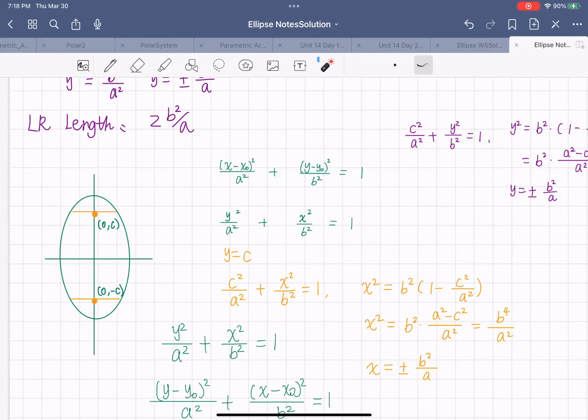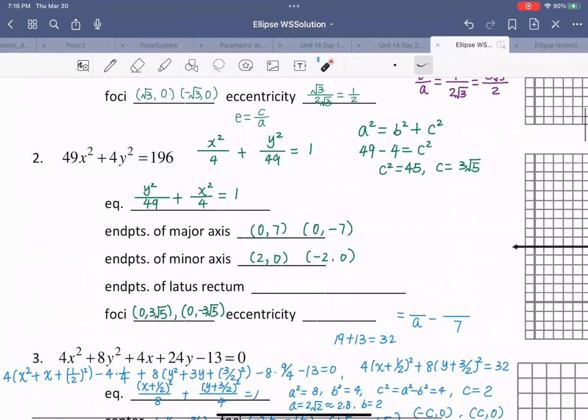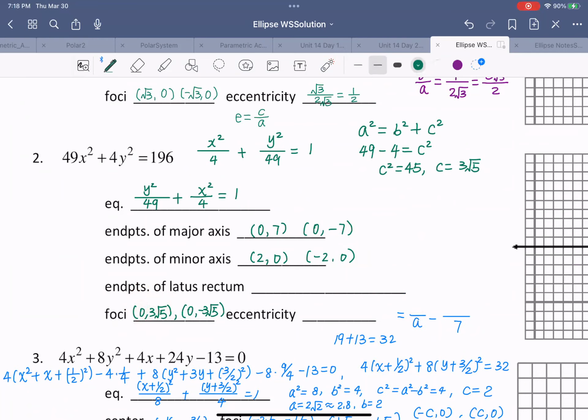Okay? But you have to pay attention. This time, from these two foci locations, move to the left and move to the right. So this coordinate doesn't change, but you will add or subtract from here. So it's plus or minus, and then comma 3 root 5. Let's get the b squared over a first.